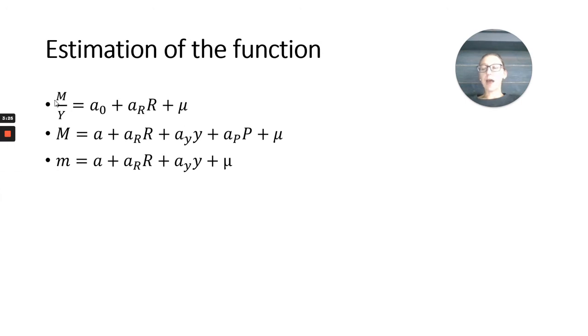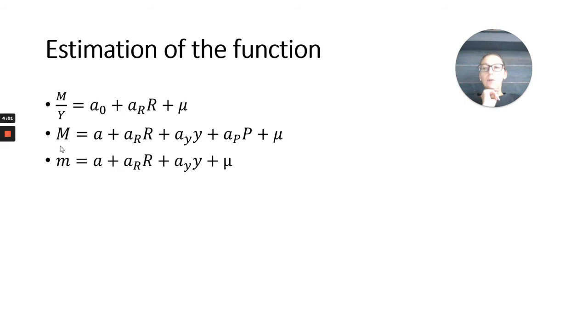So we can say what we already learned, that the amount of money that people hold is linked with the income. So it's some share of our income which we hold in cash, and this mainly depends on interest rate, that's the other factor, and mu, which would be just error, or all the other possible things, but which cannot be excluded as some kind of very important factor.